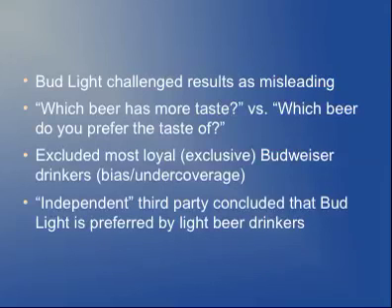And their sampling frame was also only the people who drank both, and so that excludes the people who only drink Budweiser because they think it tastes better. And in this particular example, supposedly independent third party, the Bud Light was preferred by light beer drinkers, although I'm trying to remember why I put independent in air quotes.